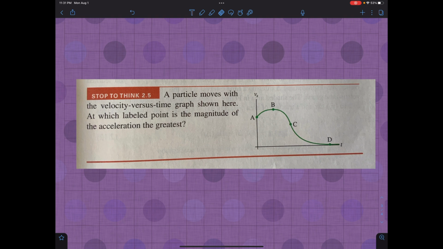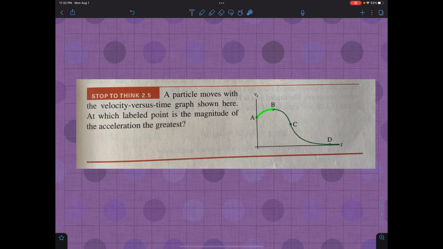Okay, let's do one more stop to think, and then we're going to be all done. This stop to think shows us a velocity time graph. Here's velocity, here's time, of a particle. The particle starts out at some velocity right there at A, and then the velocity is increasing, increasing, increasing.